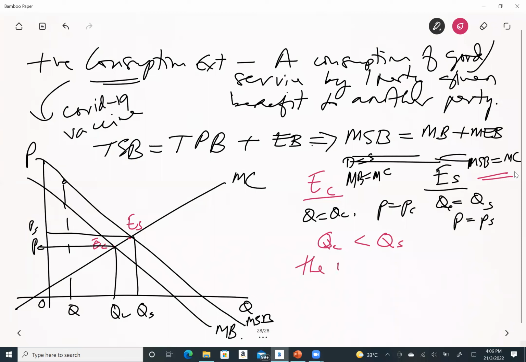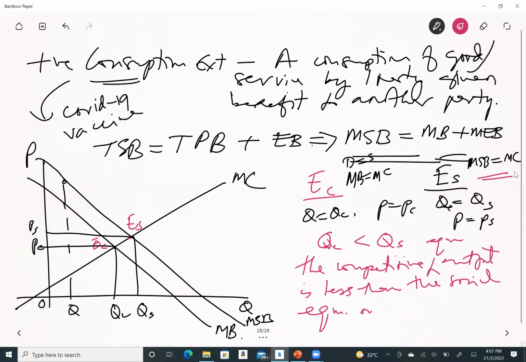We say the competitive equilibrium output is less than the social equilibrium output level. So therefore, the market produces too little output. We want more. The society wants more. So that is positive consumption externality.